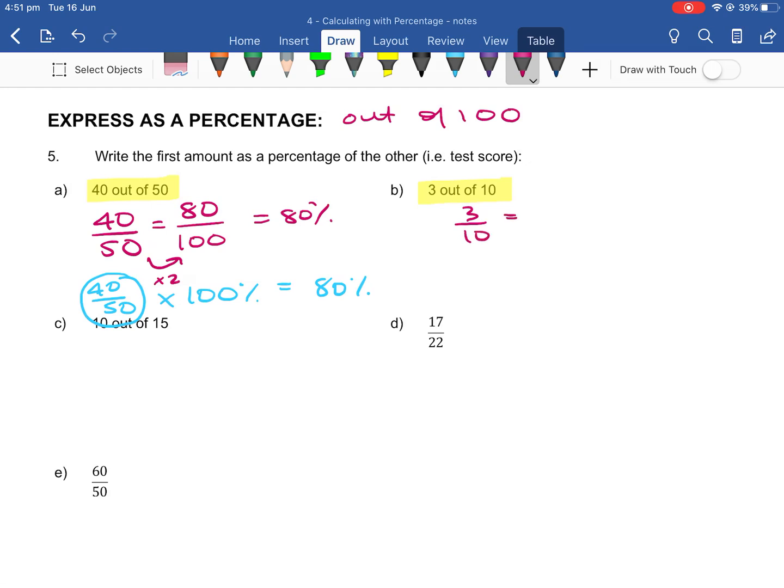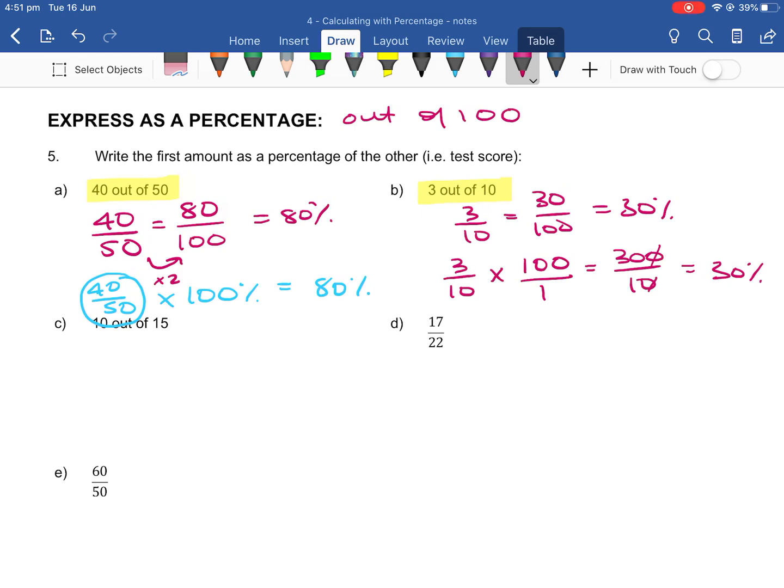Well, we know 3 out of 10 can be written as 30 over 100, so it's 30%. Or we could say, what fraction of 100% or 100 over 1 is going to give us that value? When we multiply fractions, it is 300 over 10, so dividing by 10 will give us 30%.